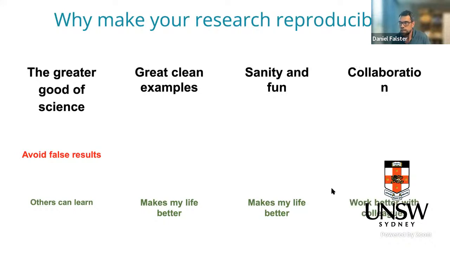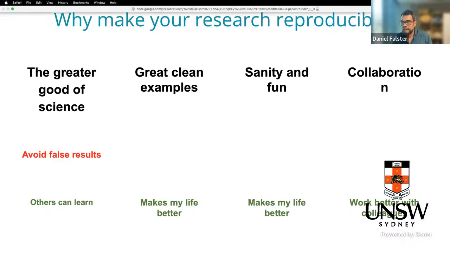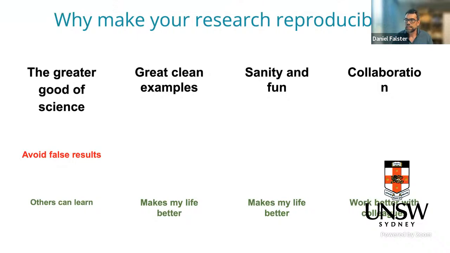And the last one is that the same things which make your research more reproducible, good for science, also help you to collaborate better with other colleagues. Because in essence, collaborating with other colleagues on code and analyses is essentially demanding that you make the work reproducible on their computer.